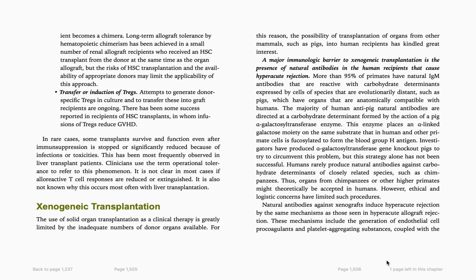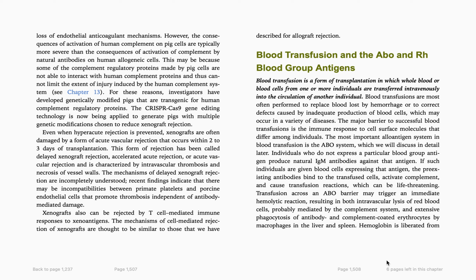Natural antibody against xenografts induces hyperacute rejection by the same mechanisms as those seen in hyperacute allograft rejection. These mechanisms include the generation of endothelial cell procoagulants and platelet aggregation substances, coupled with the loss of endothelial anticoagulant mechanisms.